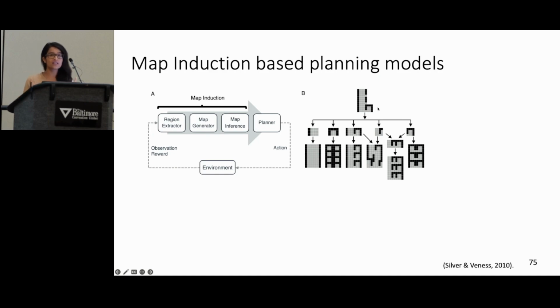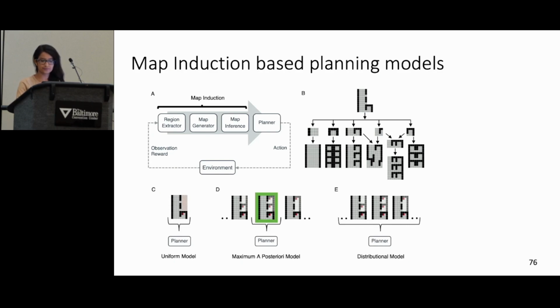So this underlying grammar has transformations like reflections, rotations, scalings, and so on. And then the map inference module infers a probability distribution over the set of generated map hypotheses. And this distribution is then used by the planner to plan the next steps in the environment. So the planner that we use is a partially observed Monte Carlo planner that approximately solves an underlying partially observed Markov decision process using a Monte Carlo tree search algorithm.